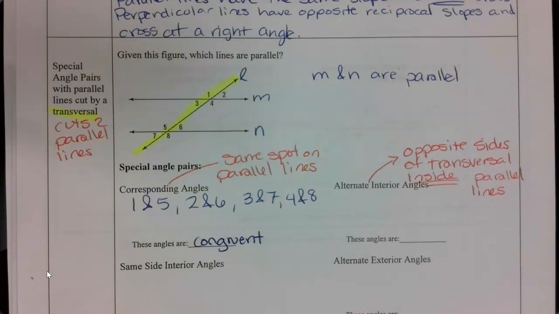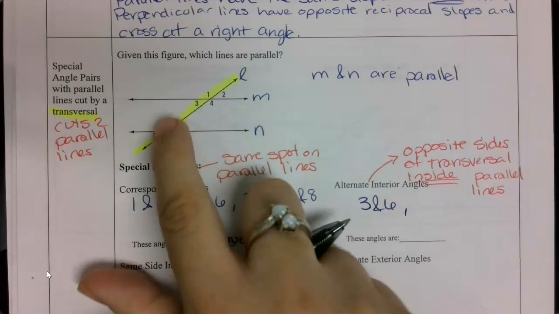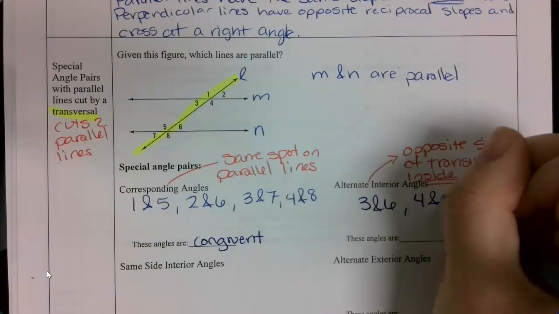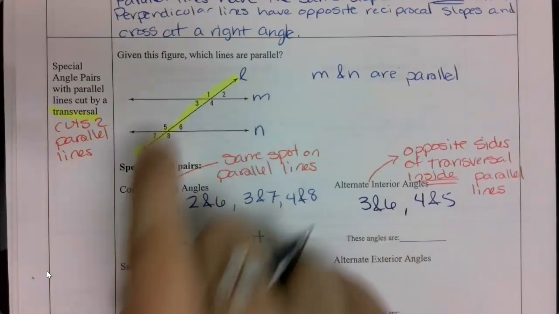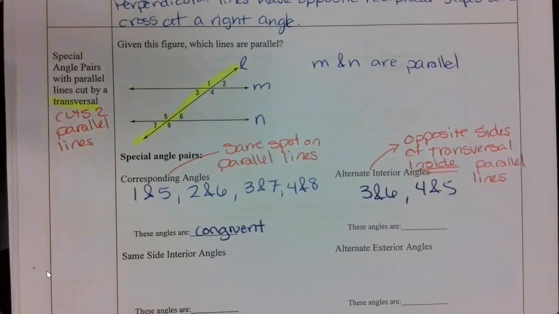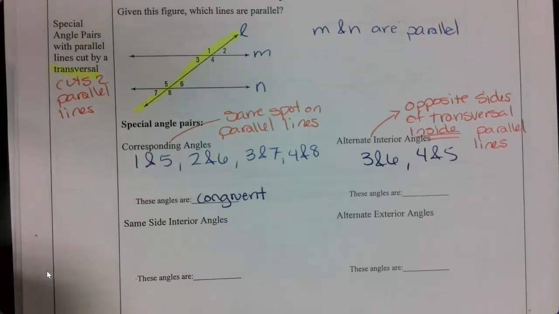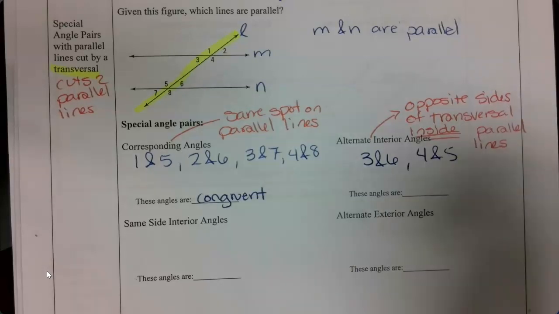So looking at this picture, it's going to be 3 and 6, and 4 and 5. Because those are on opposite sides of the highlighted line, and they're inside my parallel lines. So these angles are congruent or supplementary? Congruent.